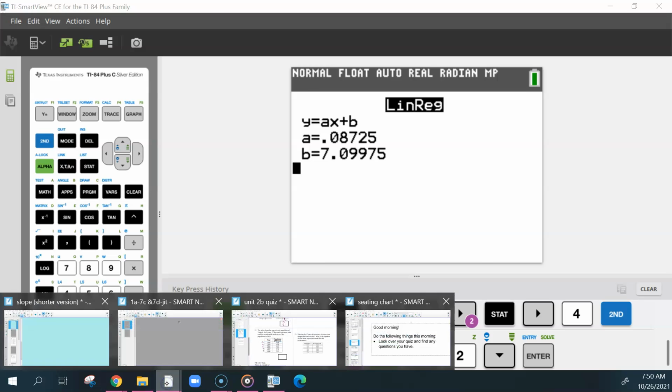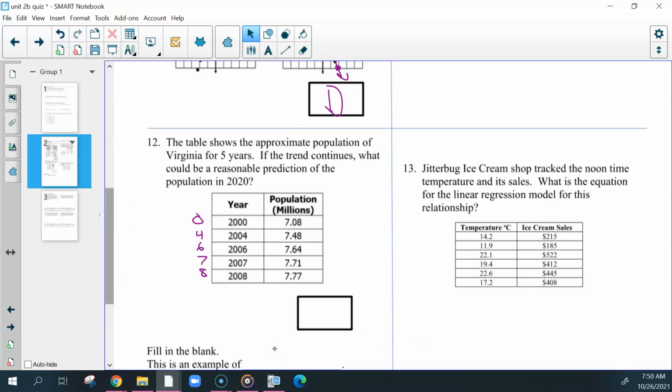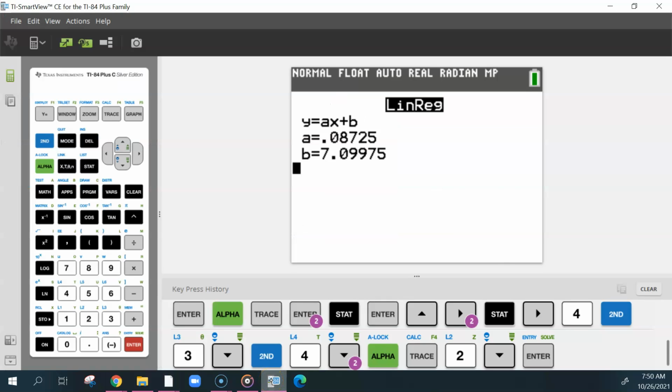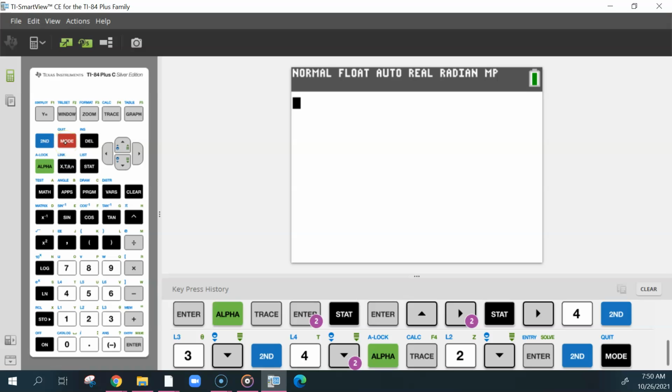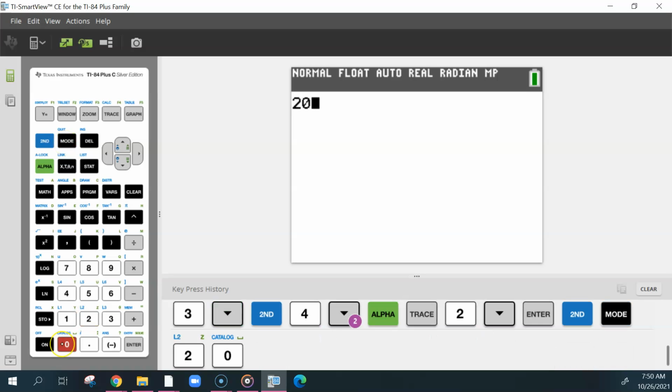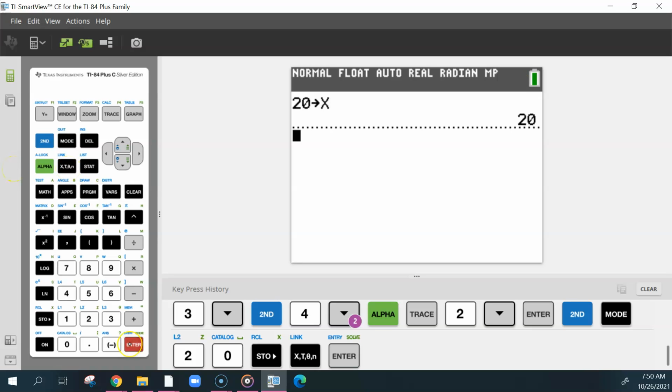And then I think this asks for the year 2020. Yeah. So we would put 20 in for X. Go back to my home screen, second Mode. Store 20 in for X: the STO button, the X button, and then hit Enter.